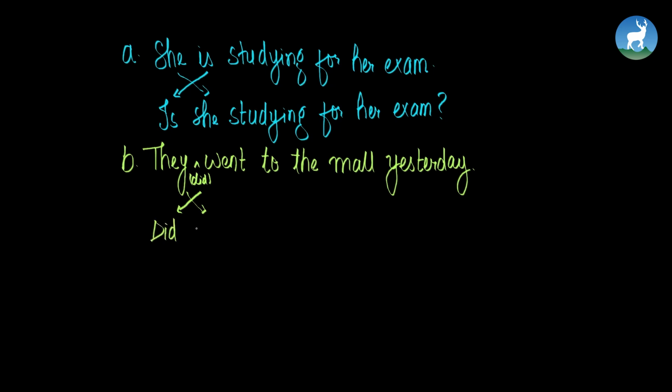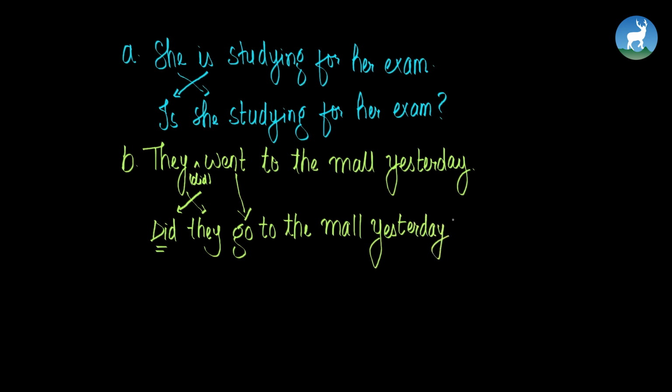So did they, once we have already used did, we use the base form of the verb. Went, what's the base form? Go to the mall yesterday, and we end this up with a question mark. How will you get the answer? Of course, the answer will either come as yes or as a no, right?